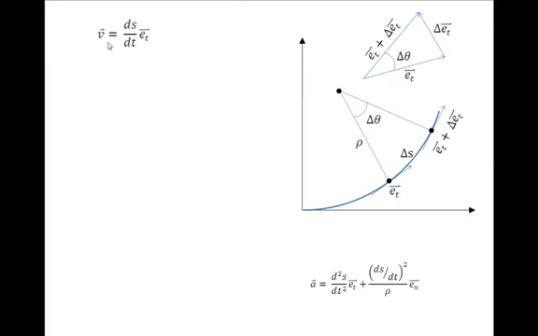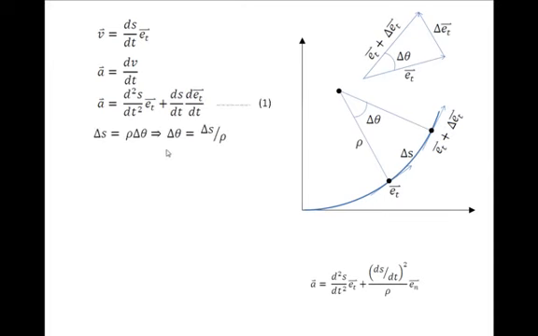Now have a look. We already derived this: v is equal to ds by dt into et. Let's differentiate it to get acceleration. So it becomes d square s by dt square et plus ds by dt into det by dt. Now we will spend some time looking at what det by dt is.